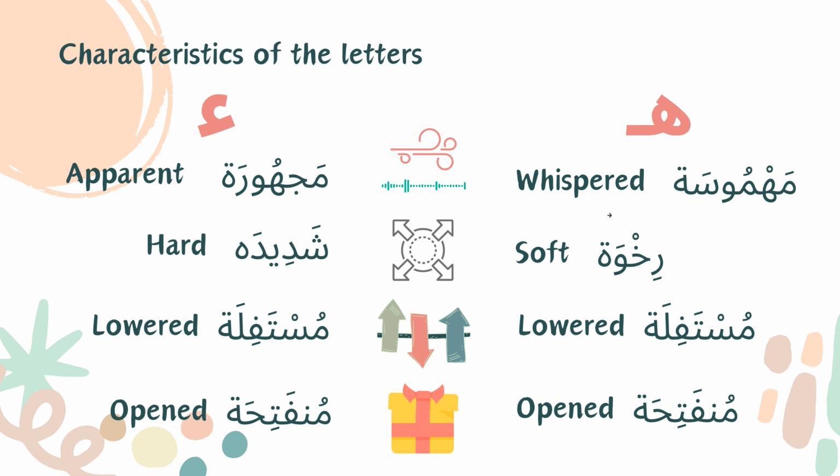The ha is whispered, there's a lot of air, while the hamza is apparent, it's majhura. And also the hamza is a hard letter. The makhraj totally closes, but here the makhraj is open, so the sound runs. Both are lowered letters. We don't say a, we don't say ha, okay? And both are opened because they are not huruf itbaq, so the tongue does not close on the upper palate.